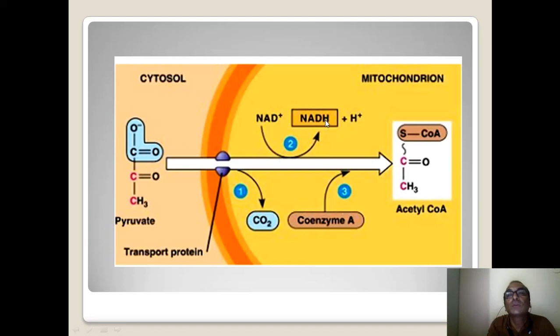So NADH2 will be formed, and in presence of enzyme, coenzyme A joins with it, forming the acetyl coenzyme A. Because when carbon dioxide is removed and 2 hydrogen atoms are removed, pyruvic acid becomes acetic acid. Acetic acid reacts with coenzyme A, forming acetyl coenzyme A. So it is oxidative decarboxylation.